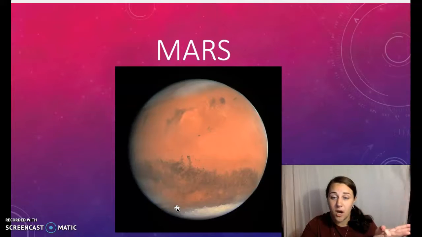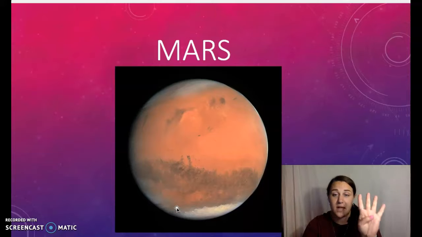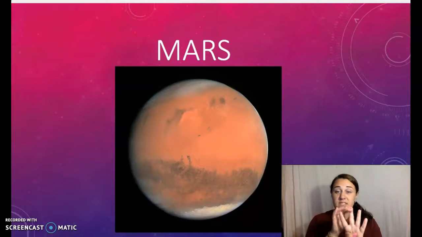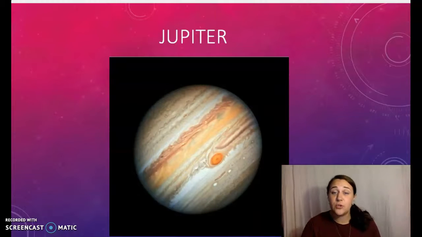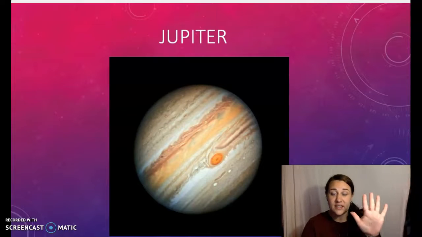Then we have Mars. Everybody say Mars. Mars. So this is the fourth closest planet to the sun. So we did Mercury, our second one is Venus. Then our third one is Earth, and our fourth one is Mars. Our next planet is Jupiter. Everybody say Jupiter. This is our fifth closest planet to the sun.